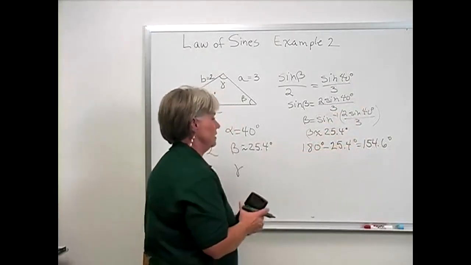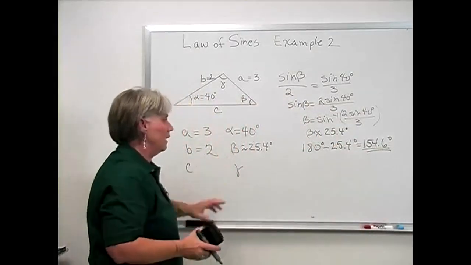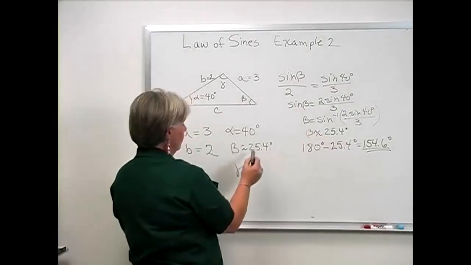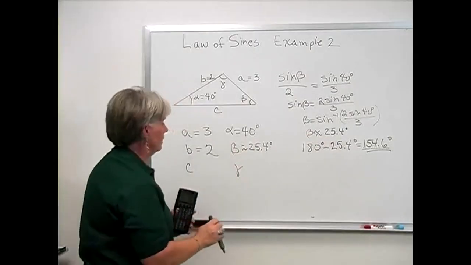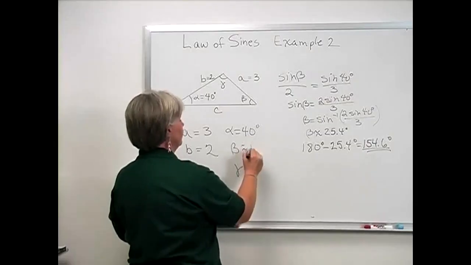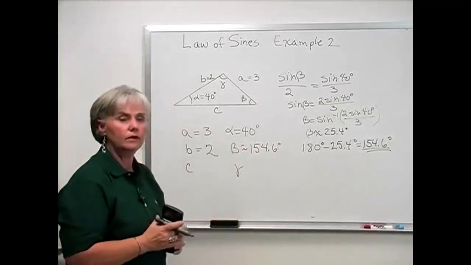Now, the question is, okay, can that work in this triangle? Well, what would happen if I substituted 154.6 degrees in for this? Let me just erase this here and let's put it here and see what would happen. So I'm saying, okay, I found the other angle and I'm good to go.